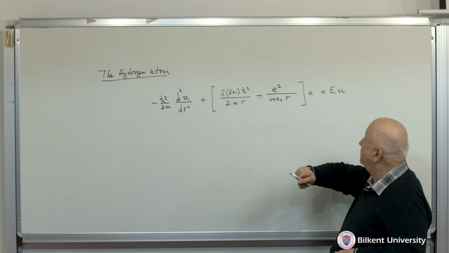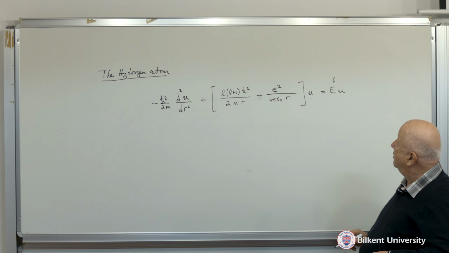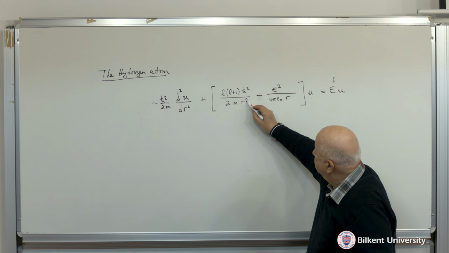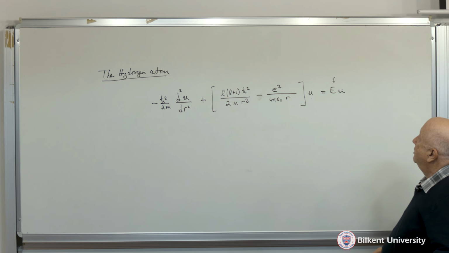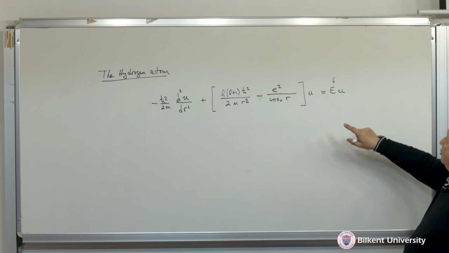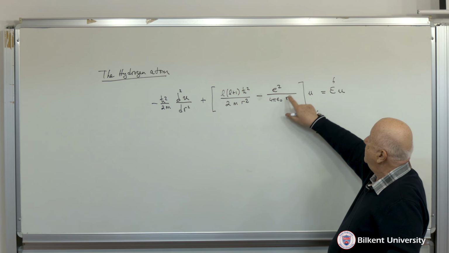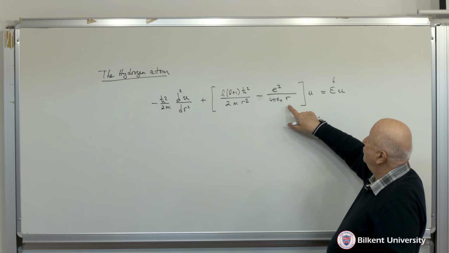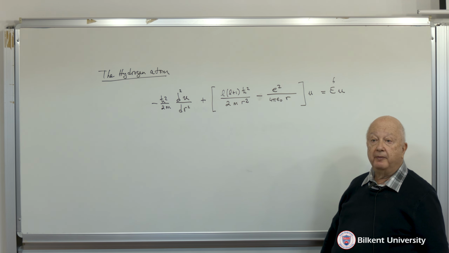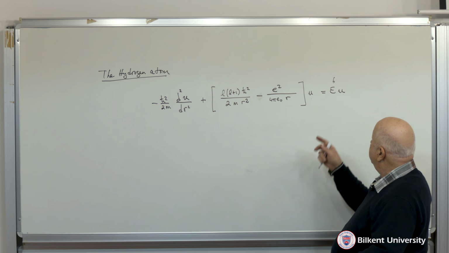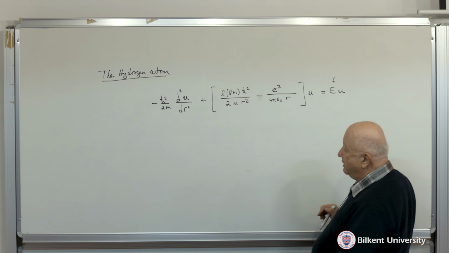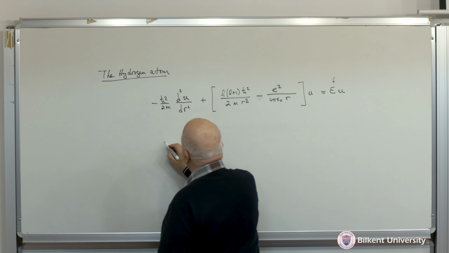It's supposed to be r squared. R squared, yes, thank you. So all terms here which are multiplying the u must have units of energy, right? So what I can do is divide everything by E and obtain a new equation.